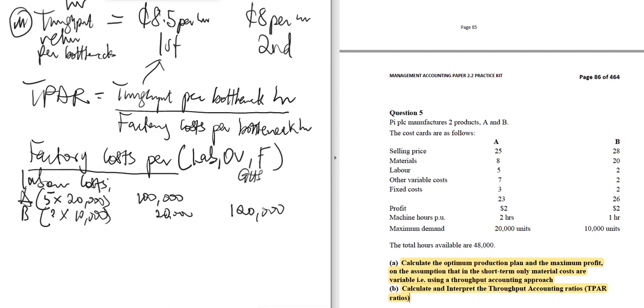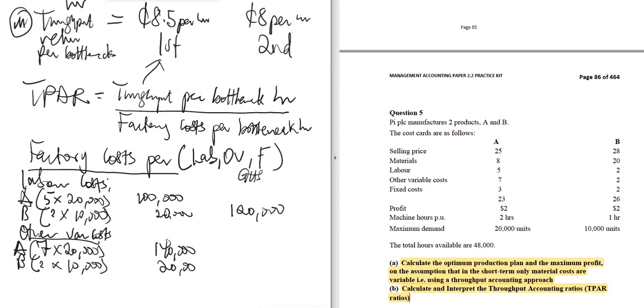Now, when I go to other variable costs, the same way, for product A it was 7, but we are producing 20,000 units. That means we have 140,000. And for B, it was 2. We are producing 10,000 units. That gives us 20,000, meaning we have 160,000 for this.